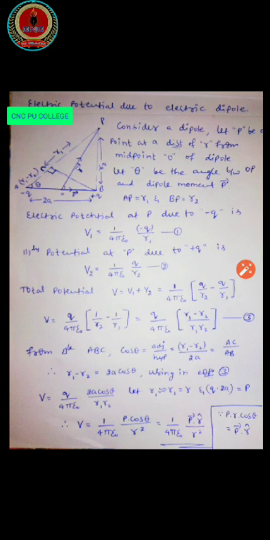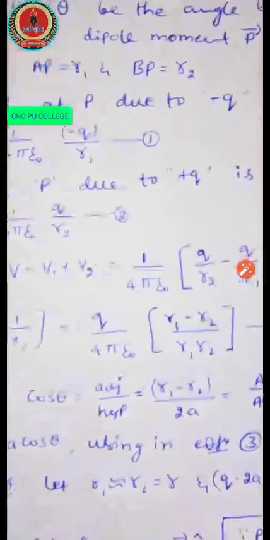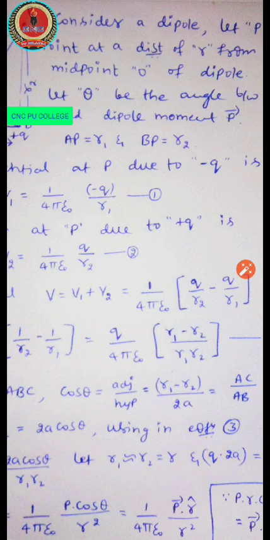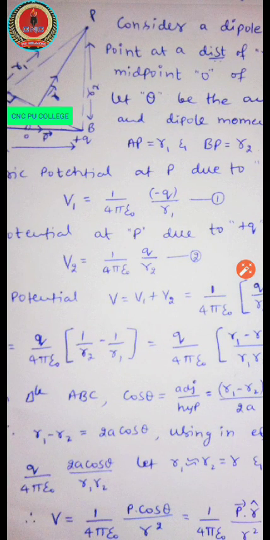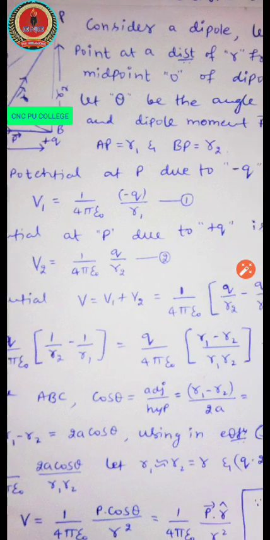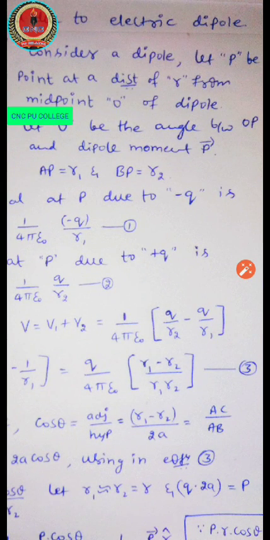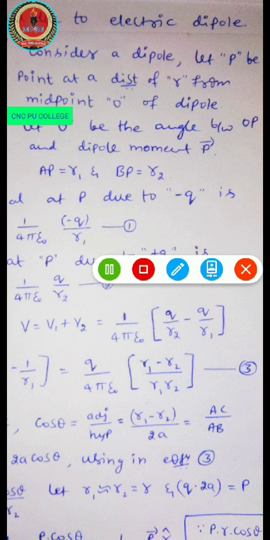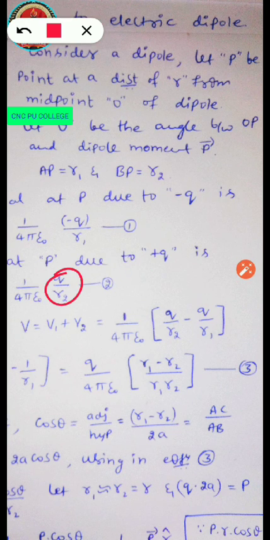By observing equations 1 and 2, we can take the common factor 1 by 4 pi epsilon naught. Here in equation 1 we have 1 by 4 pi epsilon naught, in equation 2 also we have 1 by 4 pi epsilon naught, and Q is also common, right? We can take 1 by 4 pi epsilon naught as common, and I am writing the positive term first, that is Q by R2 minus Q by R1, because of the negative sign.